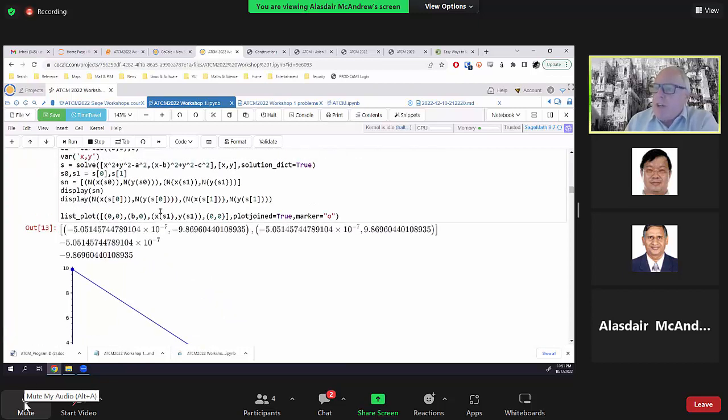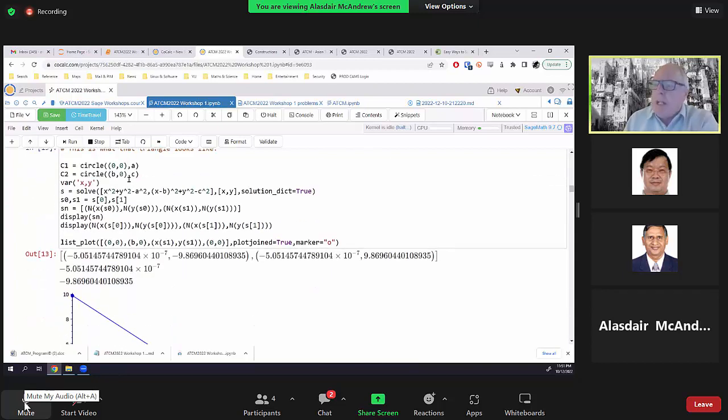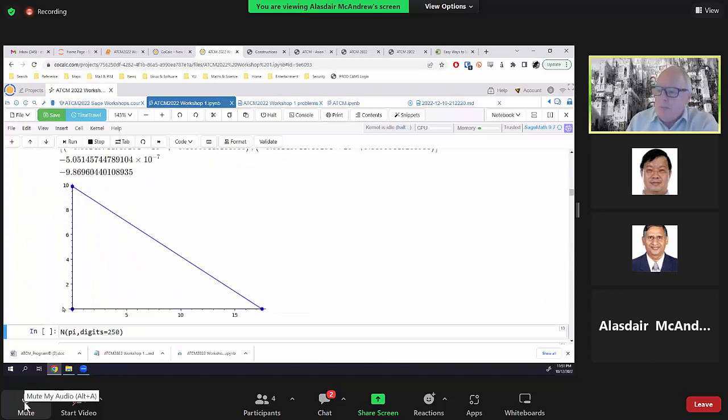And in fact, there's an error here because actually that should be a little bit over 90 rather than a little bit under 90. There's something wrong with the way it does the sign here. But anyway, the point is we have a triangle that's very nearly right angled and we can draw it.